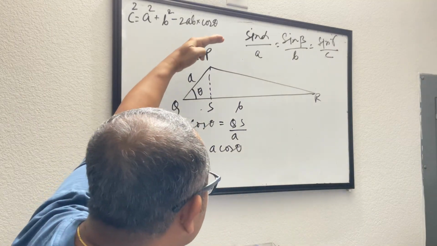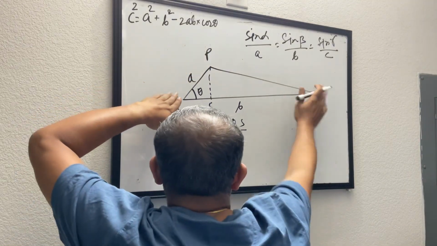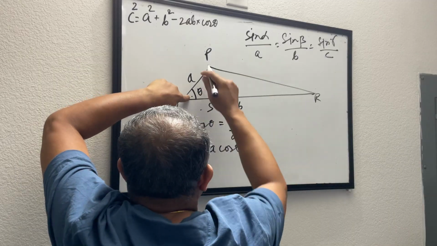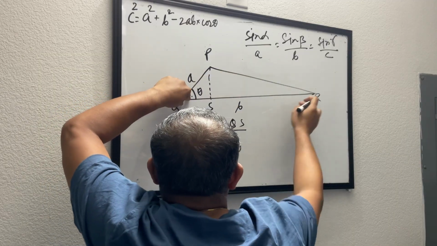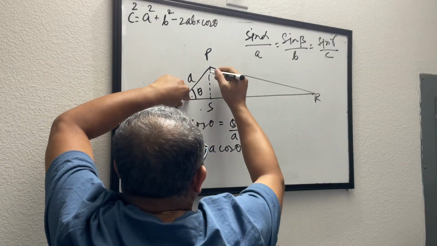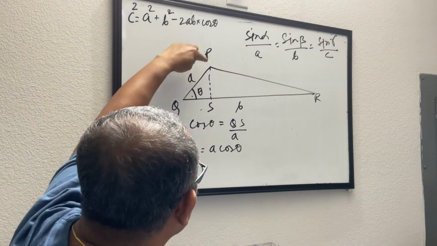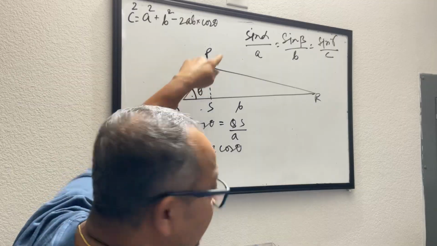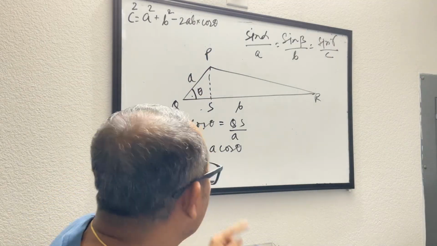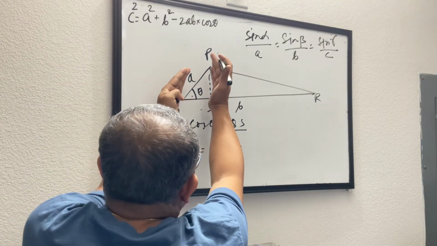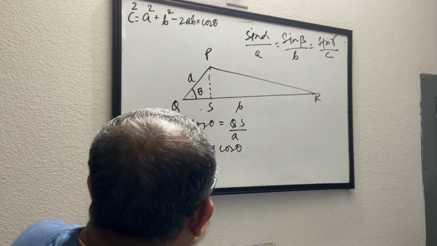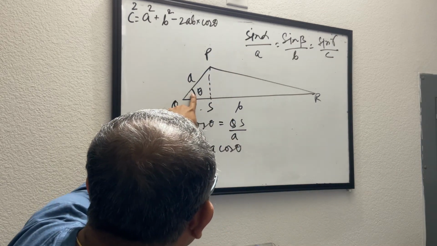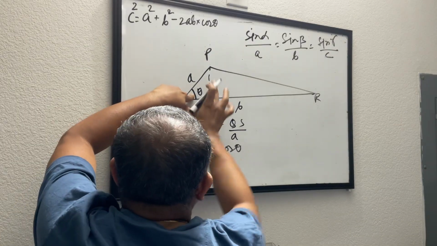Look at the sequence of events. We picked up a triangle. This is the theta known to us. This is the side A known to us. This whole side B is known to us. So just to make it simple, we dropped the perpendicular so that we have a right angle triangle and we can apply trigonometry. From this small right angle triangle, cos of theta is nothing but the adjacent side by hypotenuse.